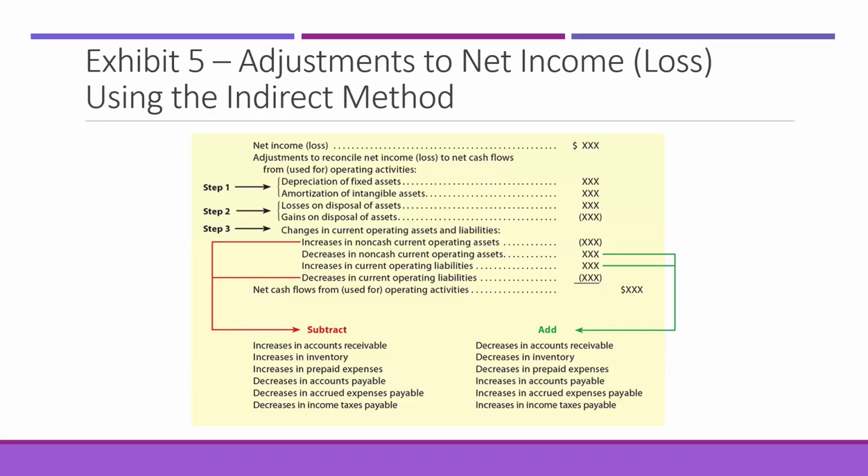So increases in non-cash assets, decreases in non-cash assets. If a non-cash asset goes up, like accounts receivable, operating cash flow goes down. If accounts receivable goes down, operating cash flow goes up.